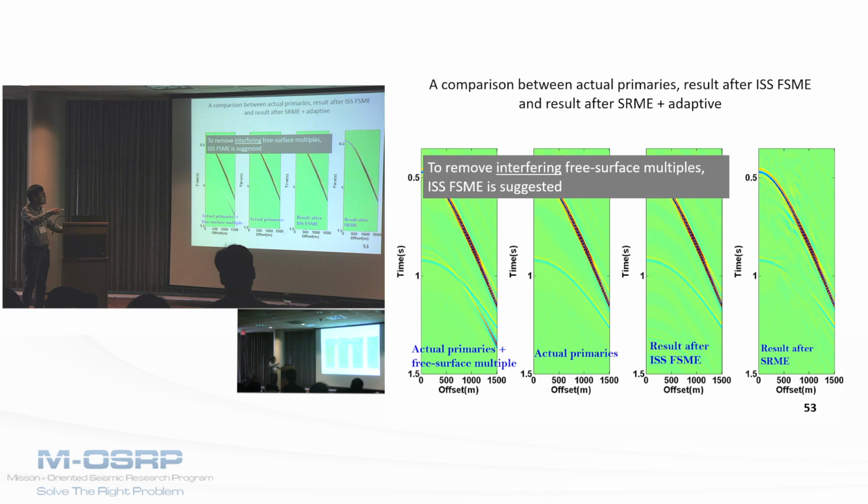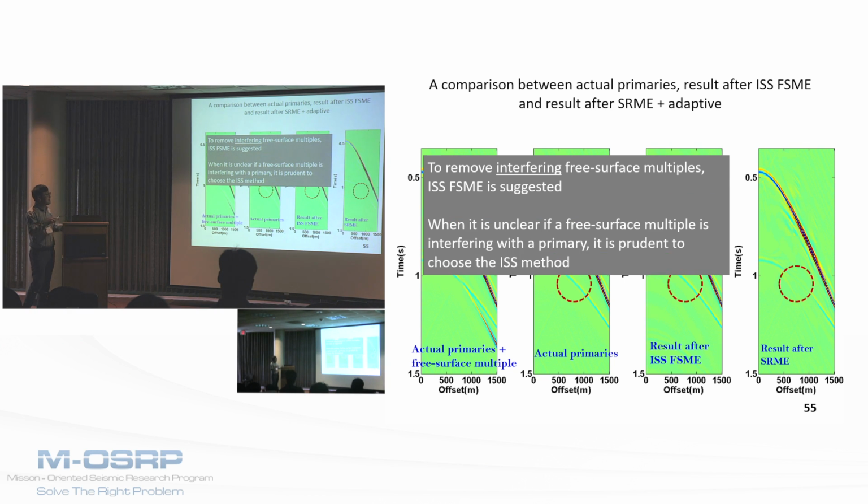However, if we want to remove the interfering free surface multiple, the ISS method is suggested, because the adaptive procedure in the SRME method can damage our primary, whereas the ISS method, without depending on the adaptive procedure, can preserve the primary very well. And when it is unclear if a free surface multiple is interfering with the primary, it is prudent to choose the ISS method.